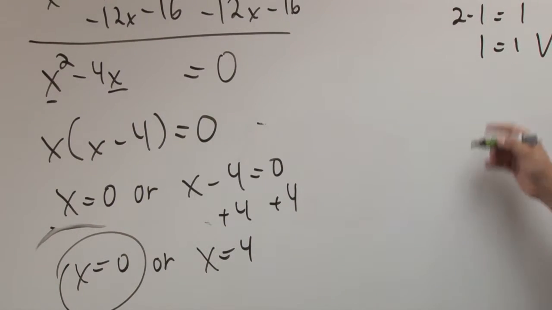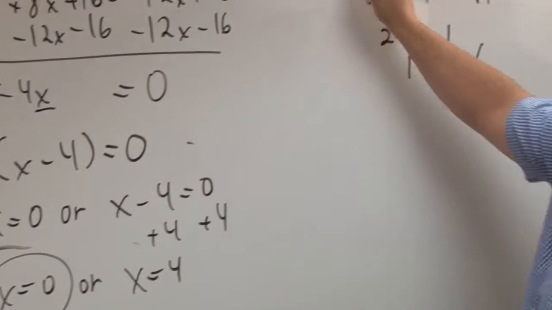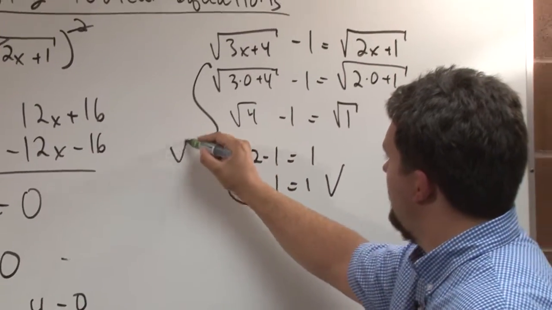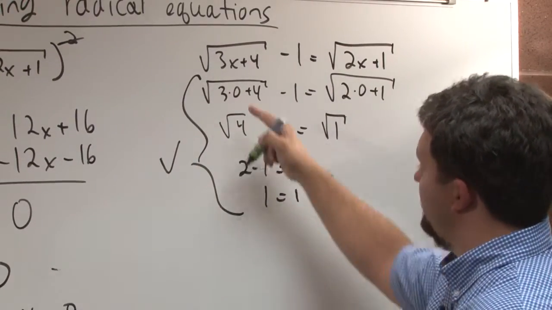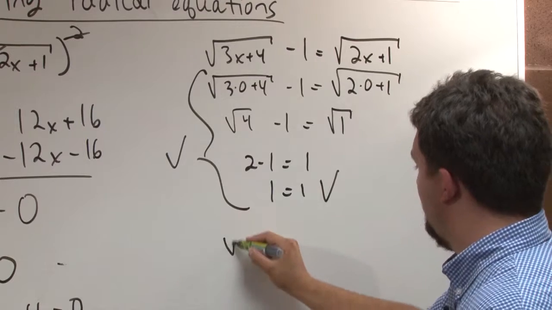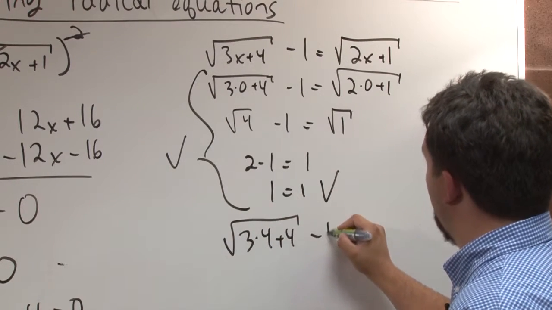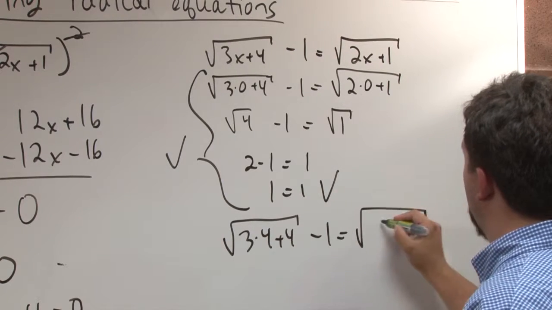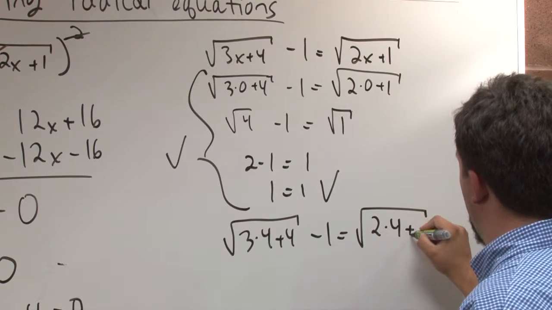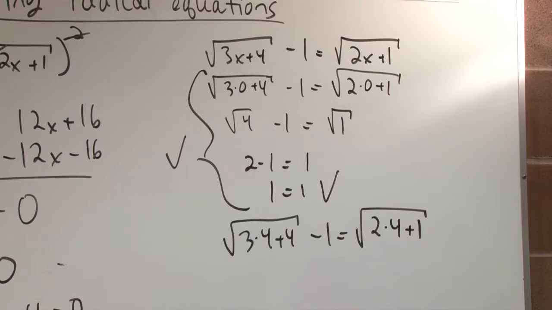Okay, so now we'll try the other guy. So that was one check. I'll do another one. We'll put the 4 in for the x. 3 times 4 plus 4 minus 1 equals square root of 2 times 4 plus 1.